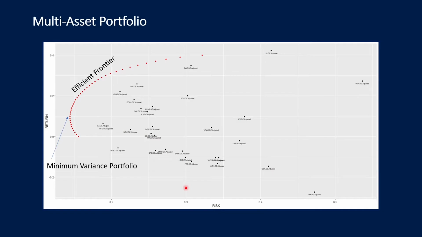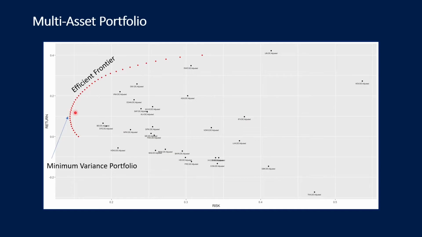Of course, this is true for the multi-asset portfolio too. And we can see a minimum variance portfolio in here too, exactly at the, let's say, the bottom, I don't know, the left-hand side of this X-shaped curve.